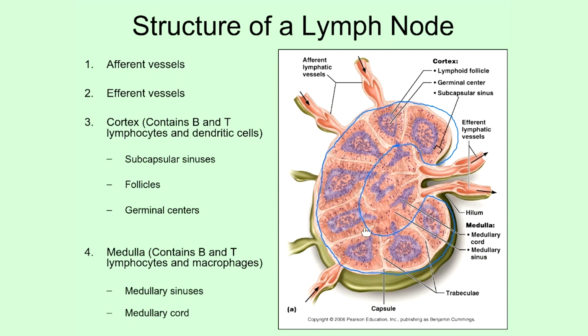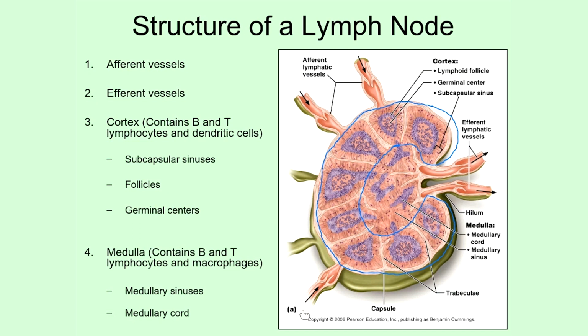They are actually known as sinuses, and in particular, they're called subcapsular sinuses. So this outer tissue here of the lymph node is the capsule. So the subcapsular sinuses are these open spaces, okay, that are just below that capsule. So subcapsular sinuses is the name for them, basically.